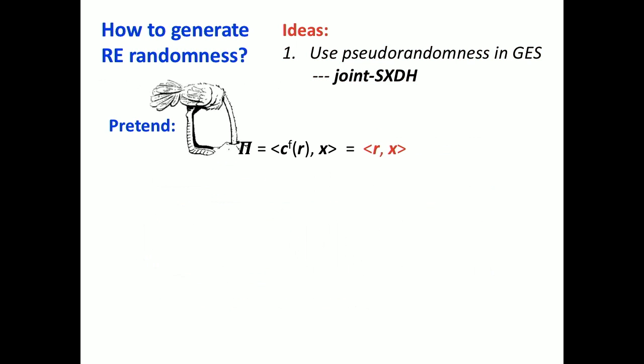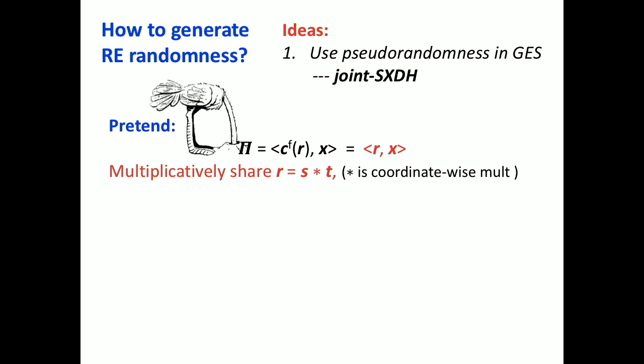So to see how this idea could be put to work, let me make another oversimplification: I just directly assume the randomized encoding is computed by the inner product of the input and the randomness itself. I know it doesn't make sense, but trust me that this already will allow us to see how we solve this problem.